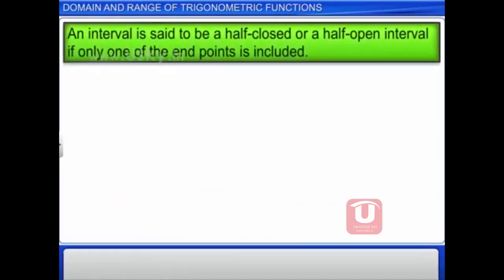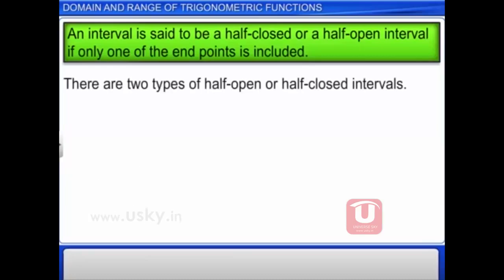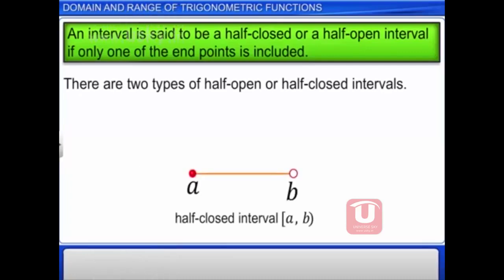An interval is said to be a half-closed or a half-open interval if only one of the endpoints is included. There are two types of half-open or half-closed intervals. If A is included, but not B, then the bracket is closed at A and open at B. It is denoted as shown.